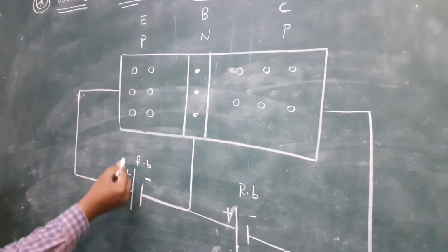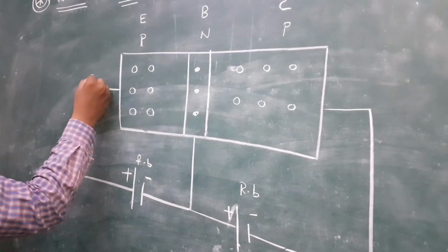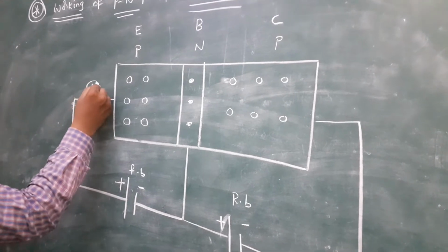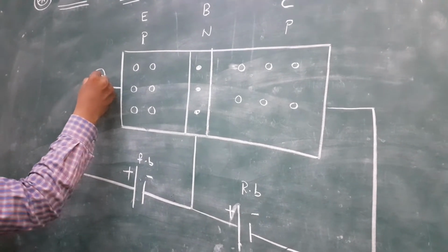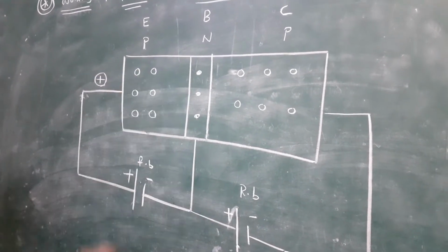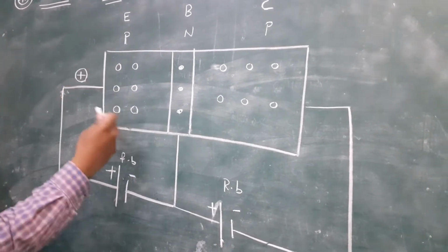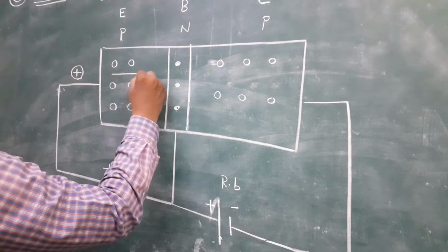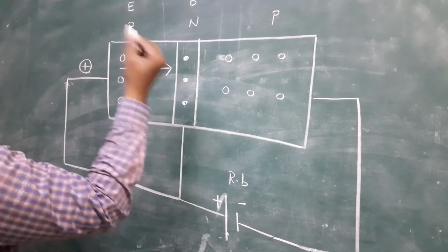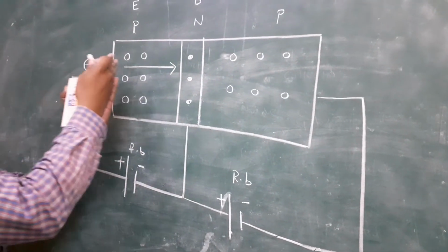Here P is connected to positive. This positive terminal repels the holes, because a hole is a positive charge, and positive repels positive. So that's why it moves towards the base.